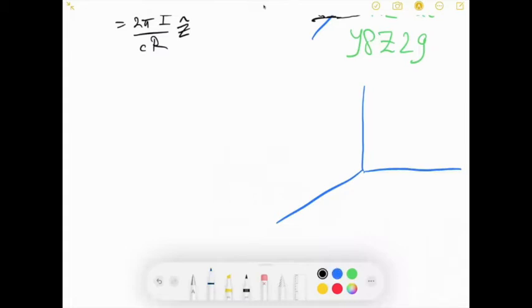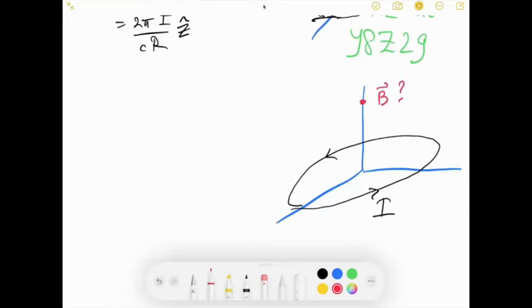We have our circle. We still have our current that's circulating in this way. And now we want to know the field here. And we need to consider this cross product of this with this vector.